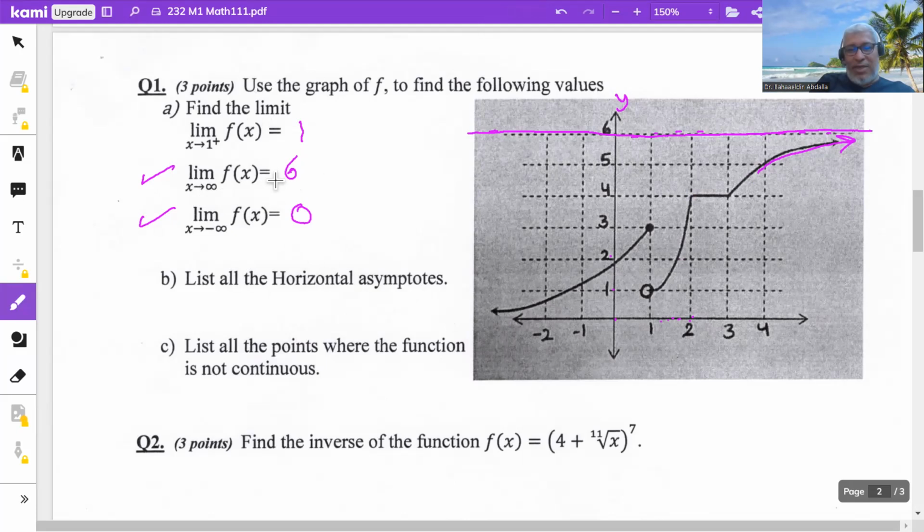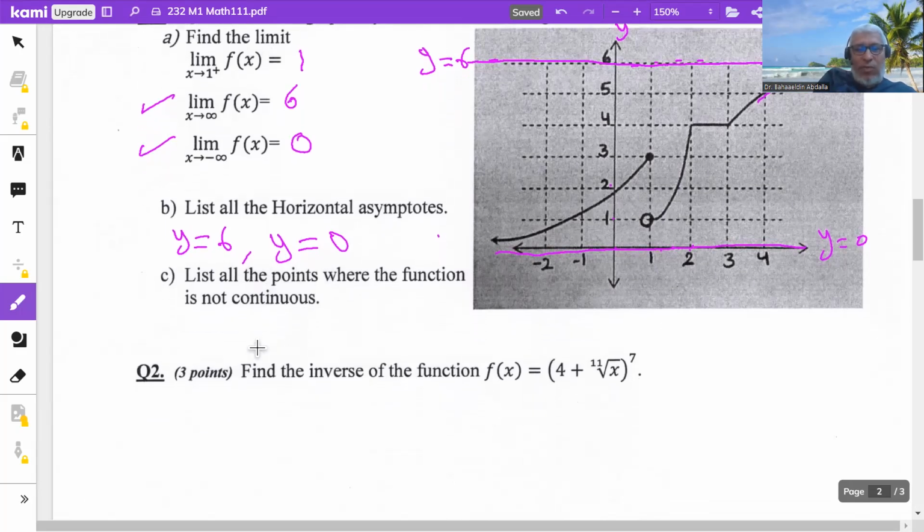And we found that it's 6. So this line, which has the equation y equals 6, is a horizontal asymptote. When x approaches negative infinity, the function approaches 0. So what is the equation of this line, the x-axis? y equals 0. So the two horizontal asymptotes are y equals 6 and y equals 0.